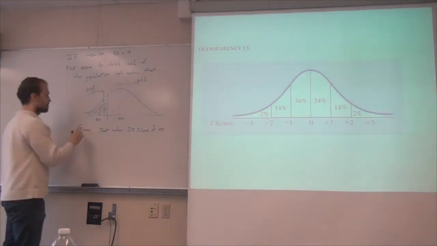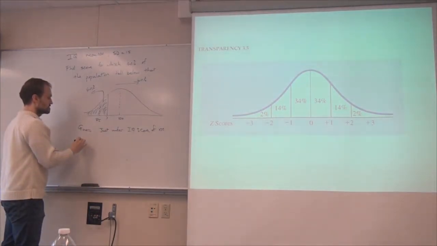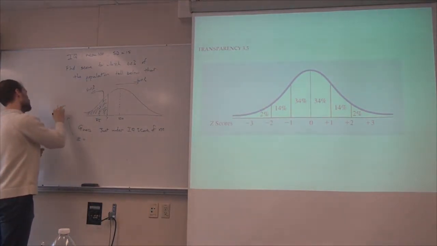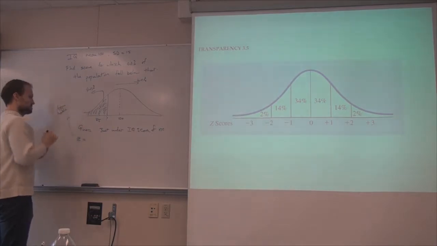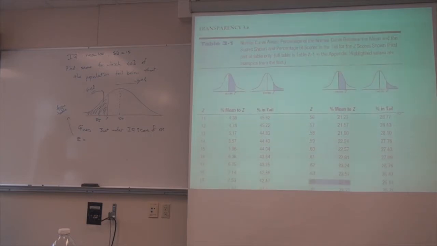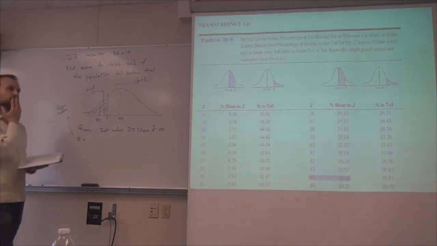Find the Z-score first. So let's say here from the table. And now I have to use the table in reverse. Let's go back to the table picture for a second. Which column am I going to use?